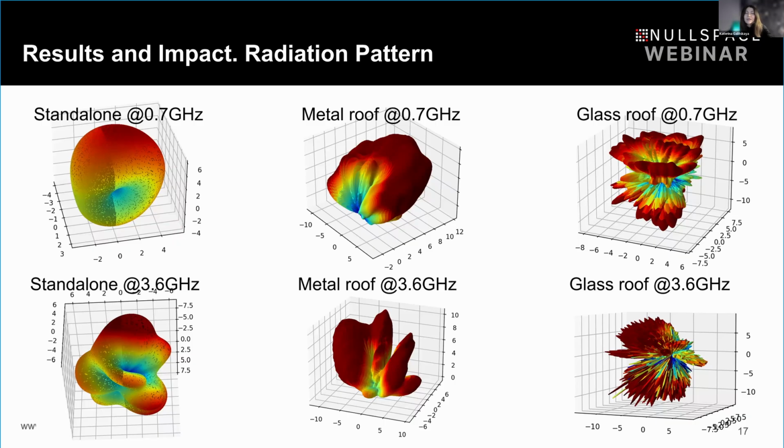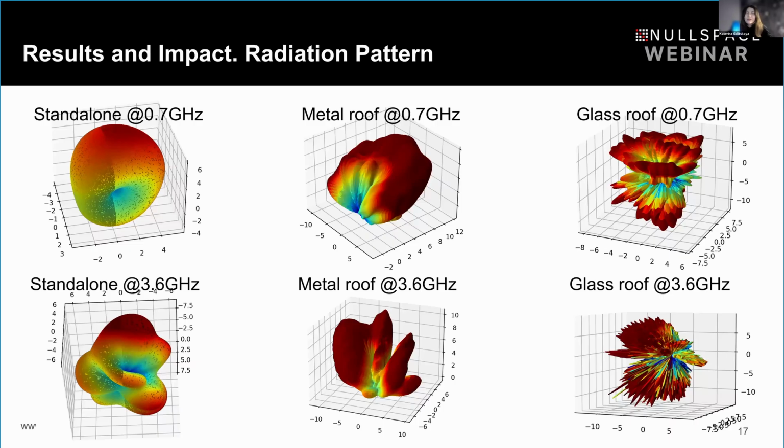Then we have a somewhat directive radiation pattern of the antenna installed on a metal roof, and then we have a very chaotic radiation pattern when it is installed on a glass roof, because we have this dielectric there. I like these 3D radiation pattern graphs, because maybe even for an engineer they don't have a lot of information. We usually look at cuts, we usually look at other patterns, right?